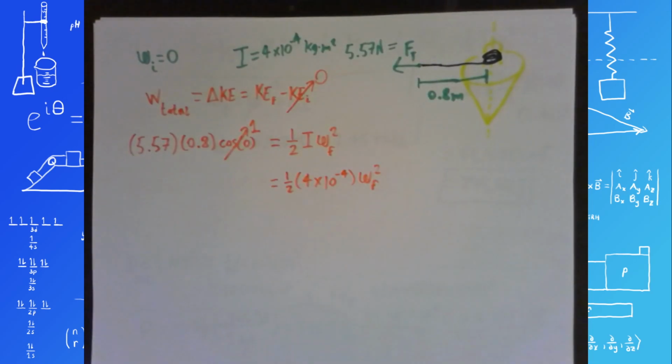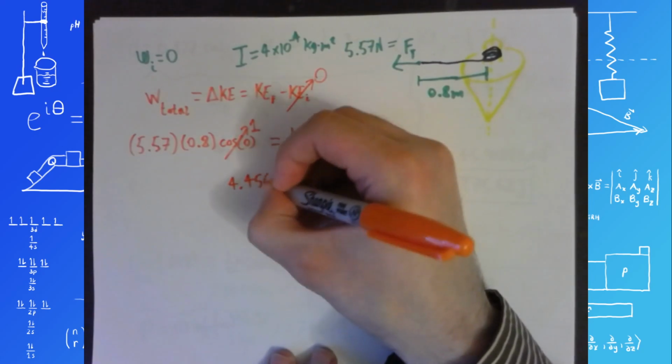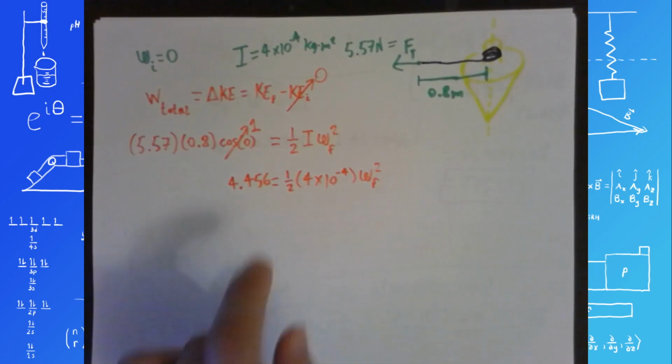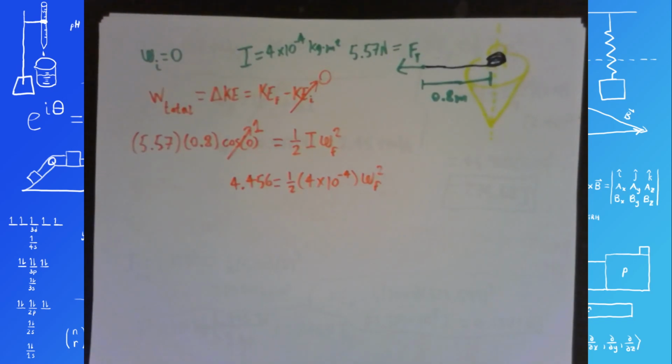I guess I might as well, where's my calculator? There it is. Might as well go ahead and calculate that now. 5.57 times 0.8 is 4.456. Okay, multiply by 2 to cancel the half, and divide by 4 times 10 to the negative 4.